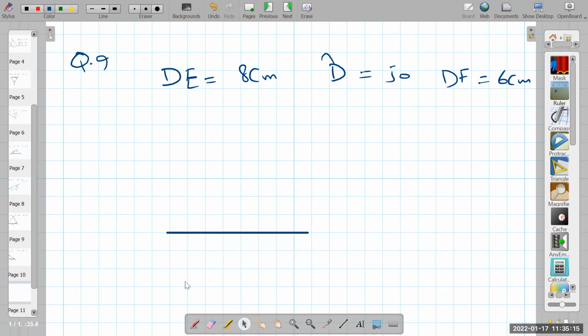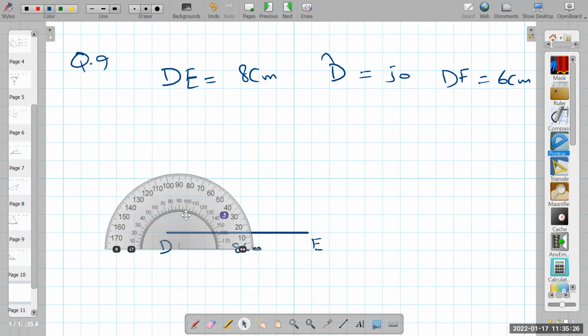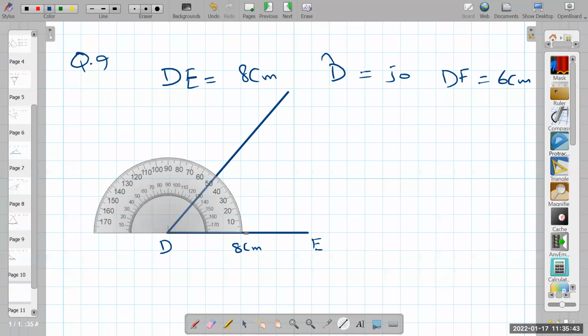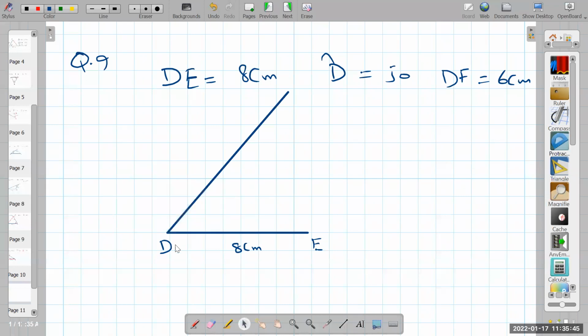Okay, now DF. DE, 8 centimeters. Angle D, 50 degree. Here D, 50 degree comes here. Now, DF 6 centimeters.